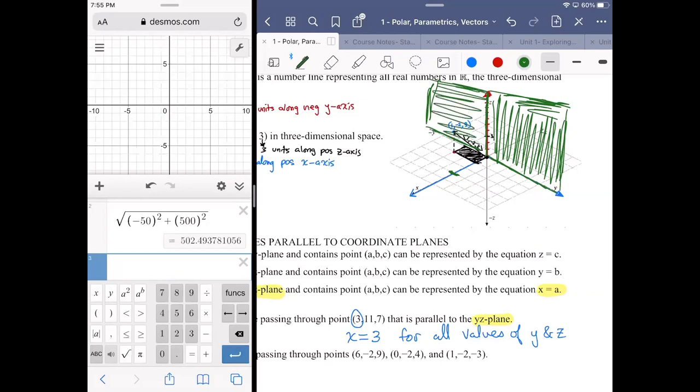All of that is YZ plane. It goes downward. So this is all the YZ plane. What I'm saying is that you have another plane that's parallel to that, just displaced 3 units in front of the YZ plane. All right, so that's the idea.